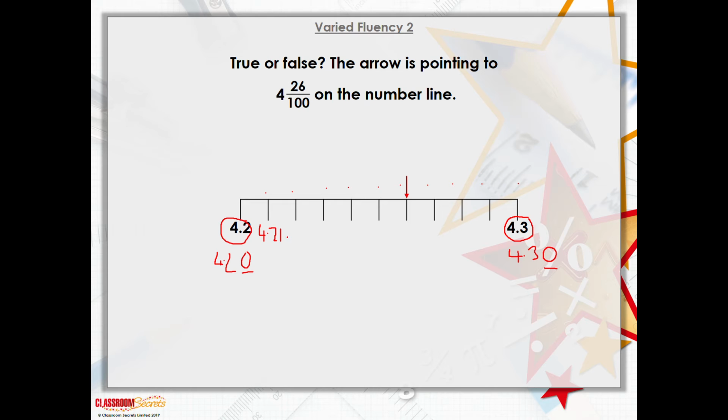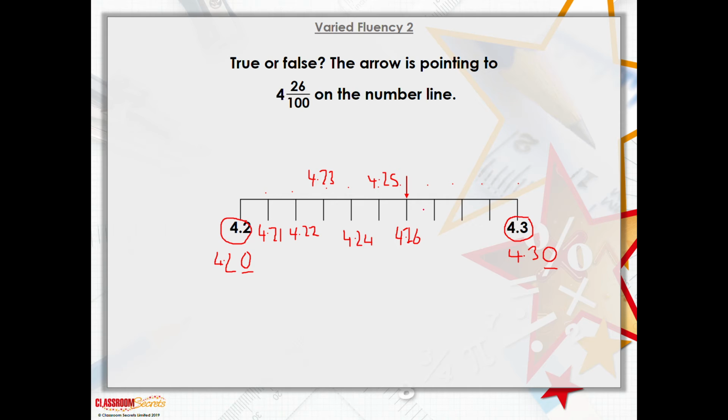So my next interval would be 4.21, 1/100th, and I'm going to keep going up in my hundredths. That's 4.22. I'm just going to write my next one up here because I'm running out of space. 4.23. So that's still 2/10 and 3 hundredths. 4.24. 4.25, 4 1/4. 4.26.